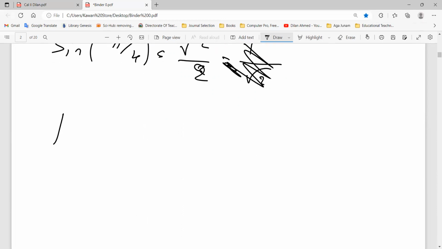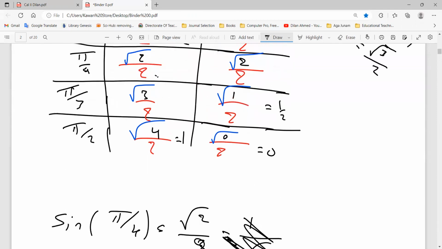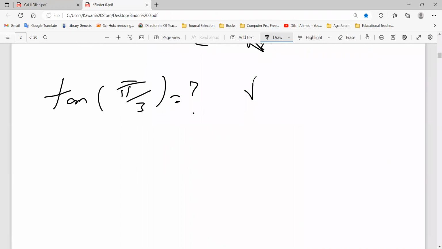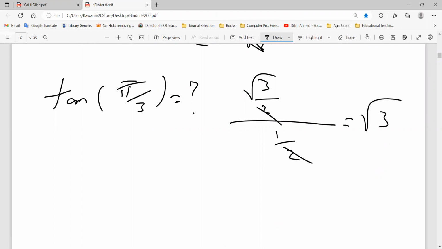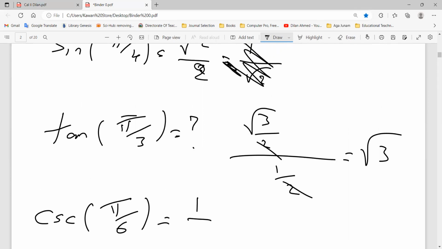So tell me about tan of pi over 3. First, we have sine over cosine, right? That's tan. So tell me about cosecant of pi over 6. Cosecant is equal to 1 over sine.